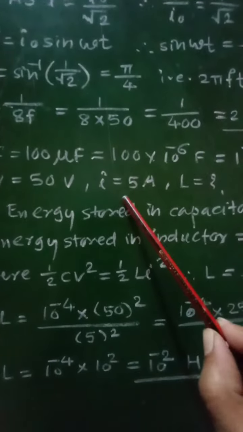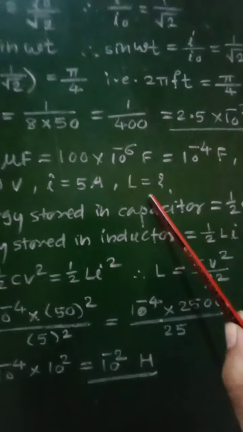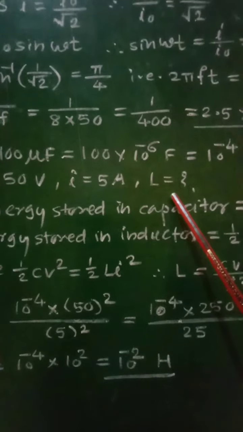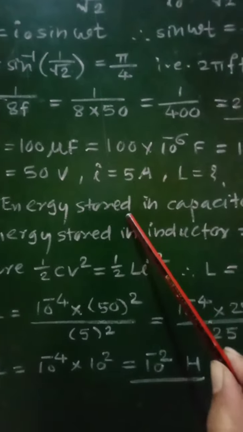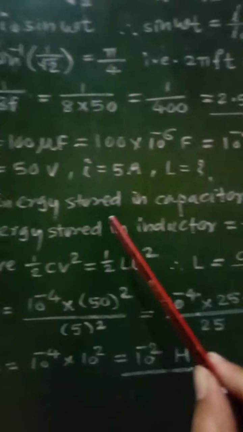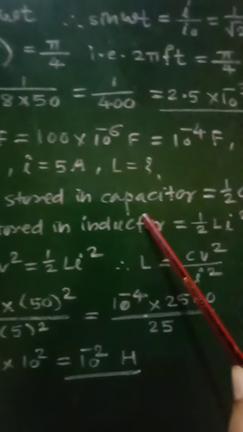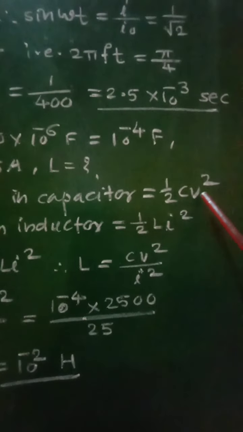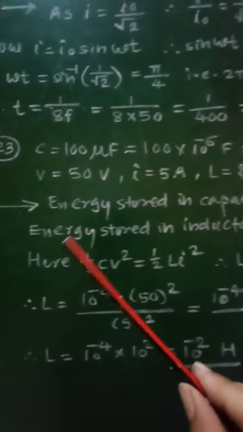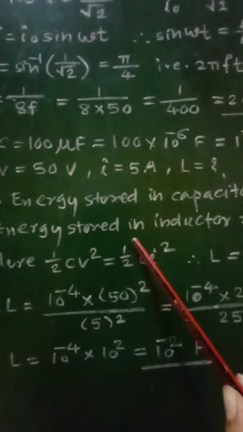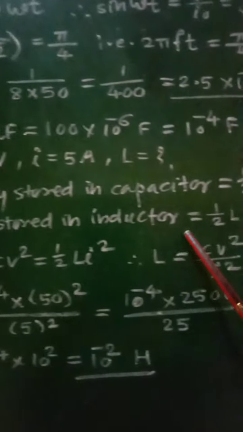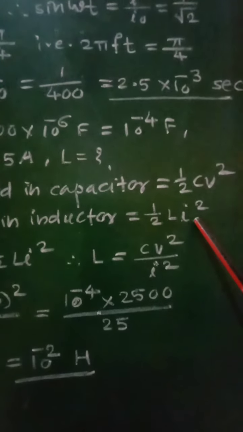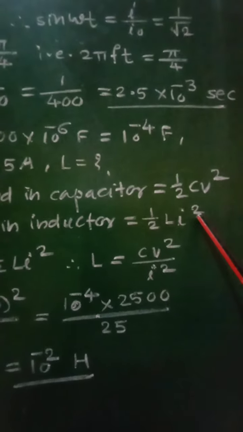Current flowing through the circuit is I is equal to 5 ampere, and then we have to find out inductance L. Again, in this numerical, the energy stored in capacitor is equal to half CV square. Then energy stored due to magnetic field in inductor will be equal to half L I square.